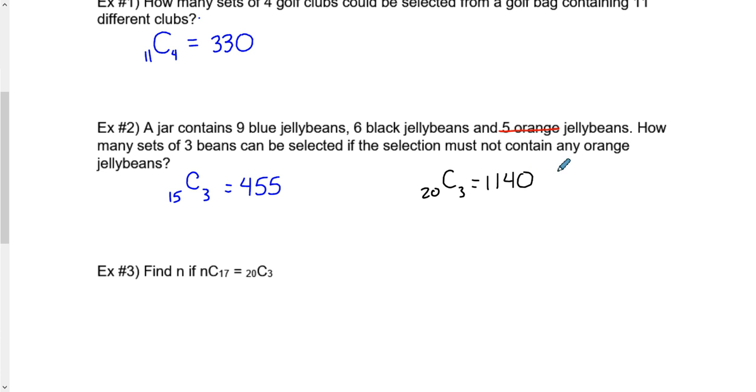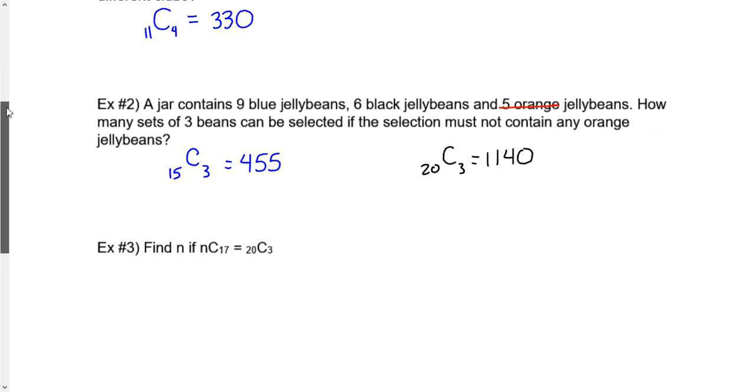So of the 1,140, there'll be 455 different ways of selecting 3 jelly beans where none of them are orange. Obviously, if you subtract that 455, there'd be 685 selections that would have at least 1 orange jelly bean. But that's kind of just extra.